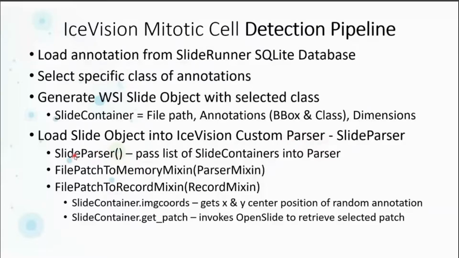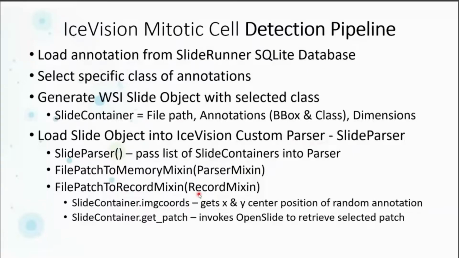As a quick overview, the slide parser passes its information into what I call the FilePatchToMemory mixin, which inherits from the IceVision parser mixin class, and then the FilePatchToRecord mixin inherits from the record mixin.